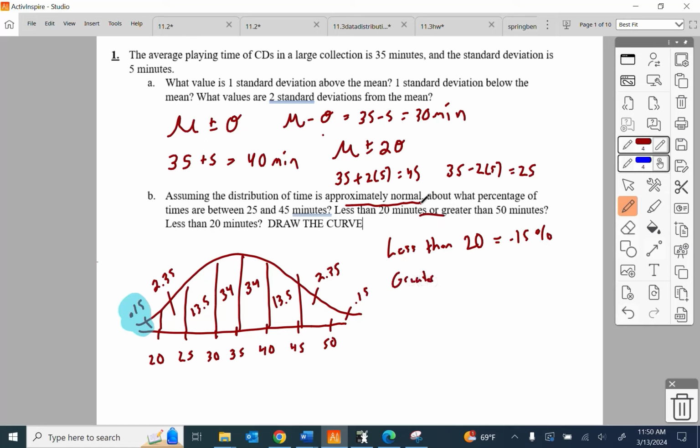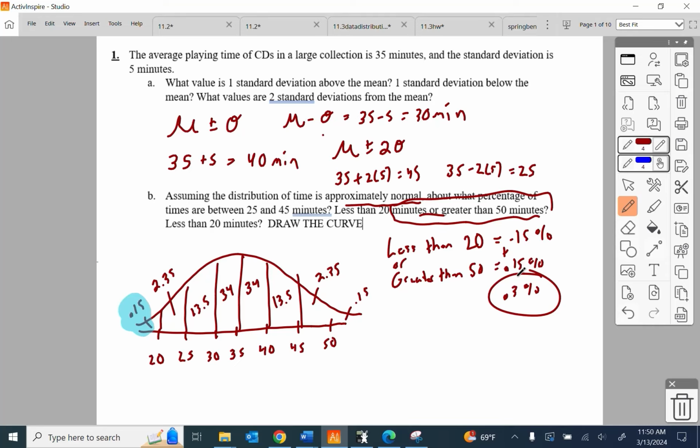Oh, we have the word or: less than 20 or greater than 50. Well, that's also 0.15. And if we put this together by adding, we get 0.3%. So less than 20 or greater than 50 is 0.3%. 0.30 if you want to write it.